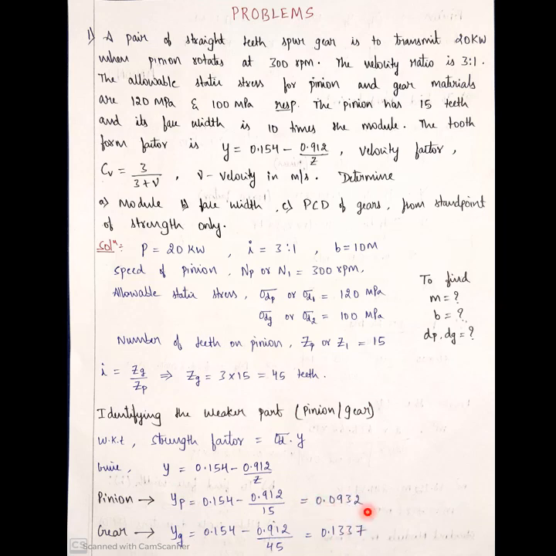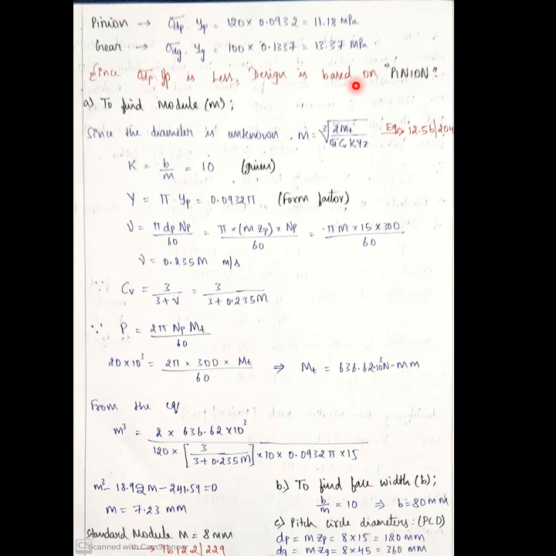Hence, we will be considering pinion as the weaker part. So other calculations will depend on the pinion. Okay guys, see, sigma d1 into y1, sigma d2 into y2. In this case, we have to check which one is less. Pinion is less, hence we are considering the pinion in the design considerations.